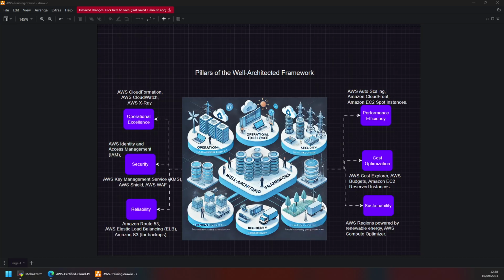Cost optimization ensures that resources are used cost effectively, and sustainability adds an environmental perspective towards reducing energy consumption. So you can combine these items together and work with them.